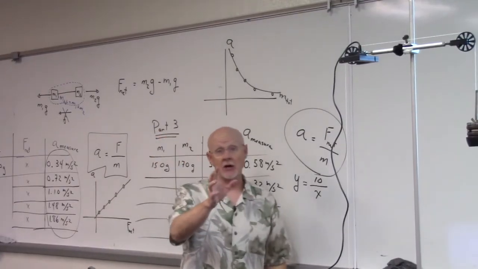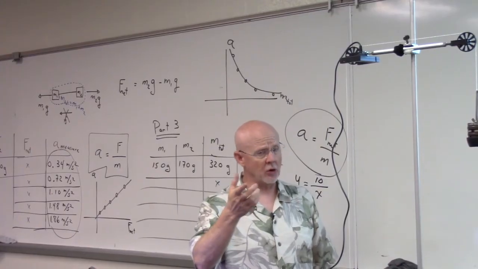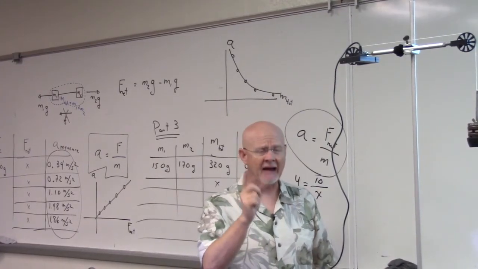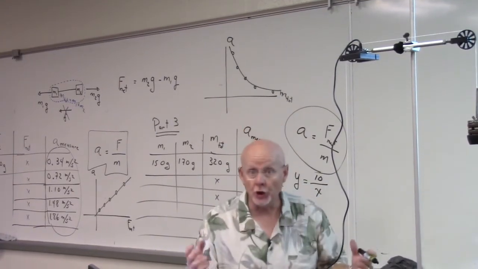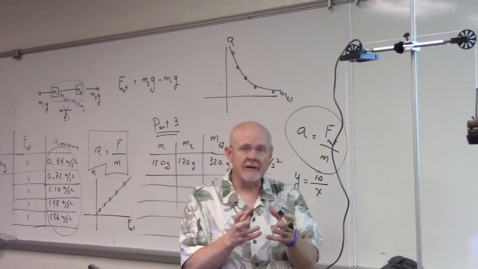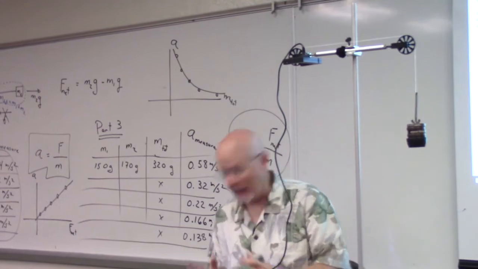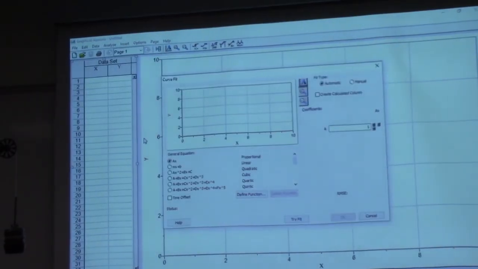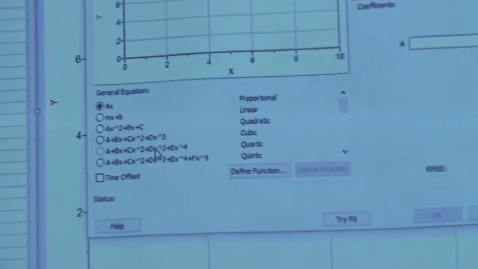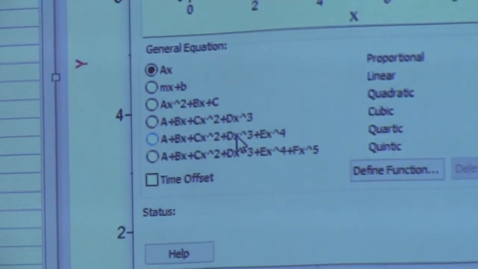And that's the last thing I want to show you, because I showed you how to curve fit to a proportional or a linear one, but I haven't shown you further down on that menu that there's also an inverse proportion. So, as I wrap up the video lab here, let me point out that if you go to Analyze and you go to Curve Fit, and I'll just pause right here, you can choose proportional or linear here for part 2.